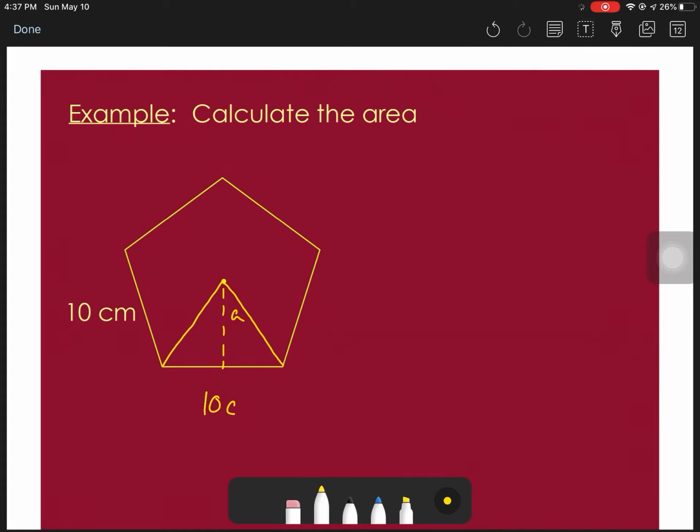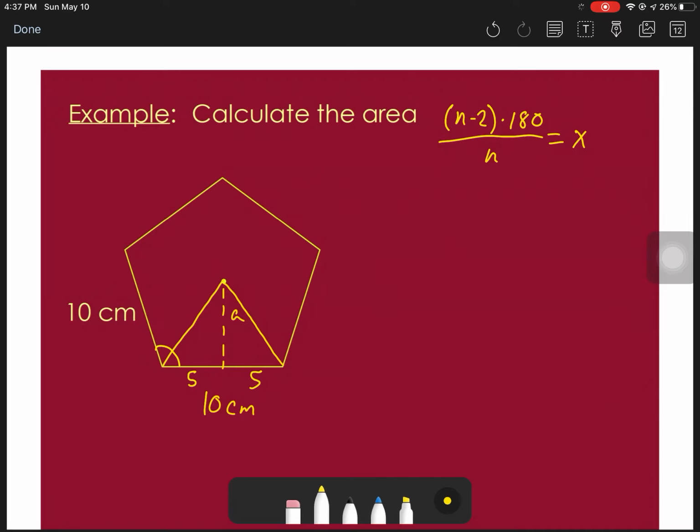We know each side length is 10 centimeters, which means if the apothem cuts it in half, we have 5 here, 5 here. Another thing we need to do is figure out this angle, and then cut it in half. So I'm going to use that formula for the interior angles again, n minus 2 times 180 divided by n equals that angle. We could call it x.